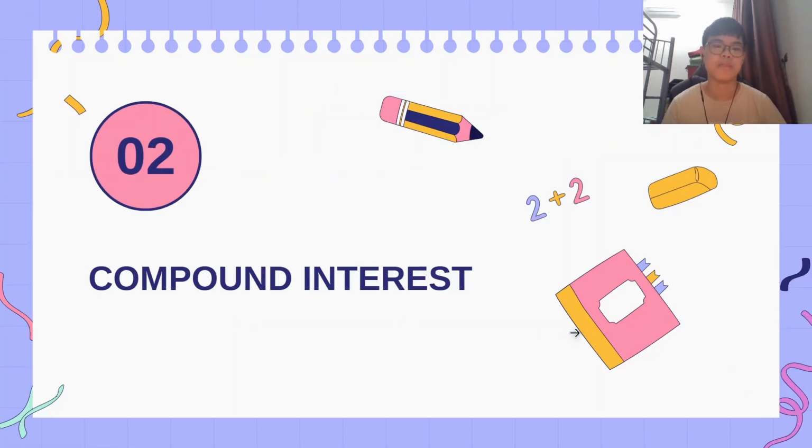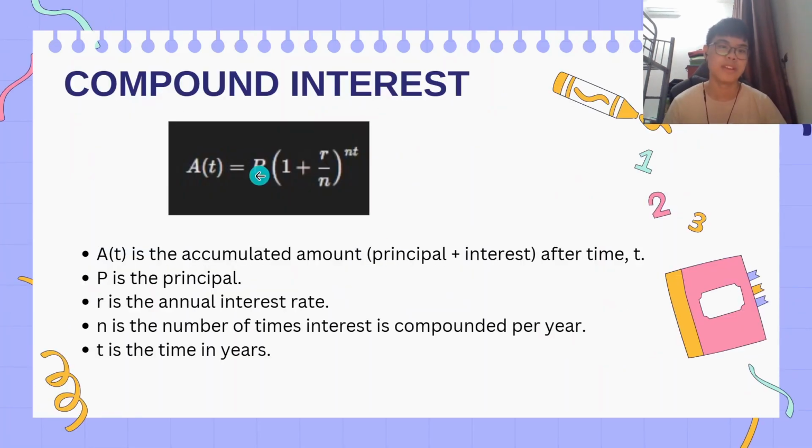For the second one is compound interest. This is the equation for compound interest. A_T equals to P times (1 plus R per N) to the power of NT.